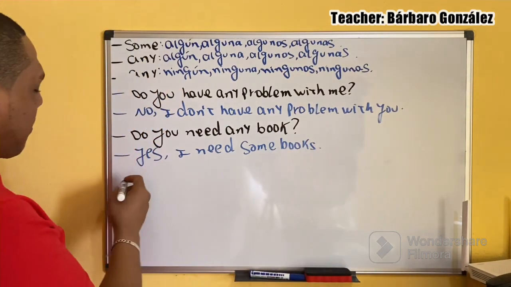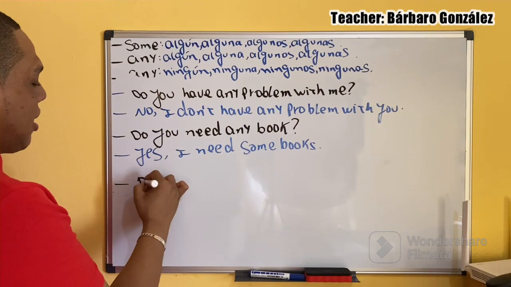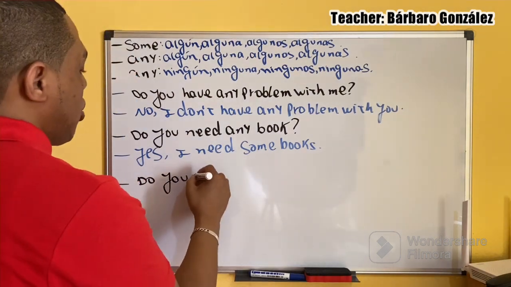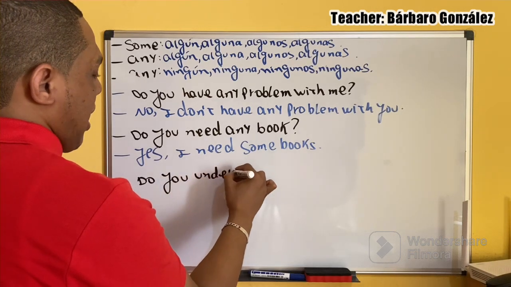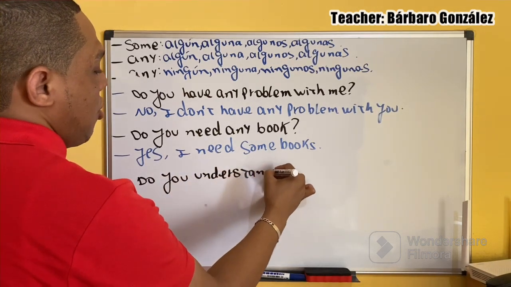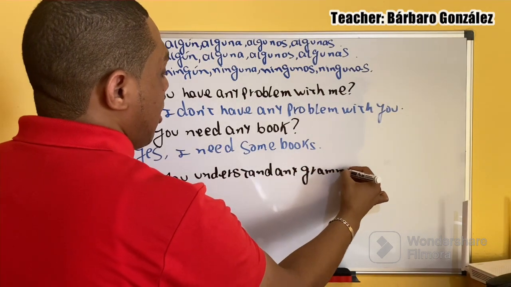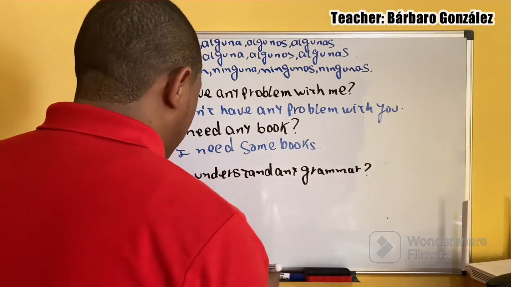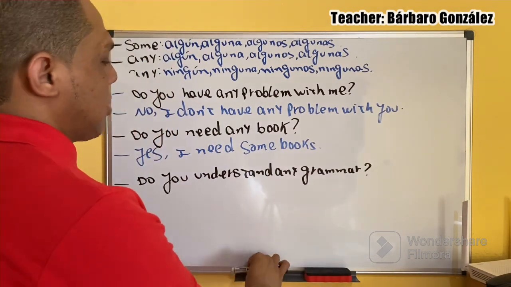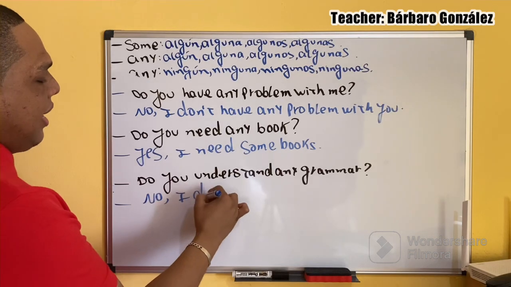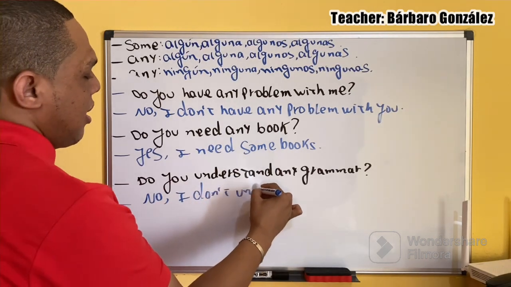Let's continue with the questions. For example, I can say, do you understand any grammar? Do you understand any grammar? Then you can answer and say, oh no, I don't understand.